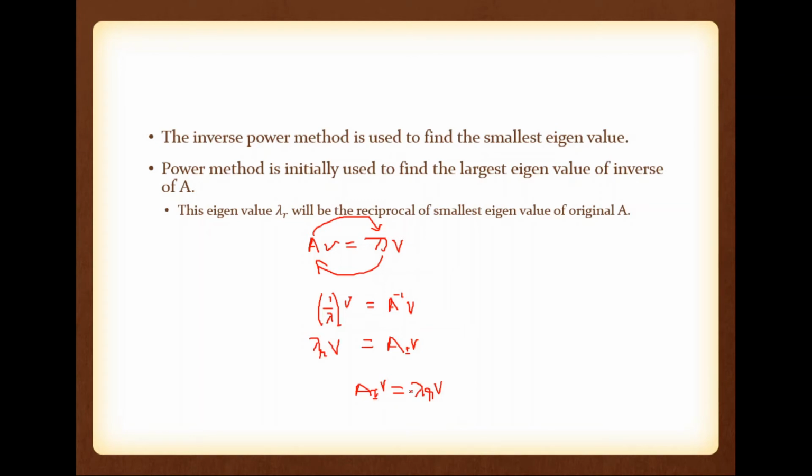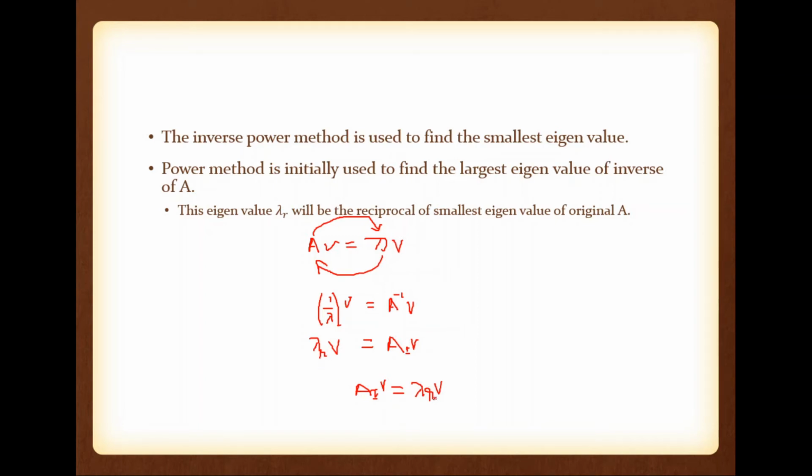So if you apply the power method on this AI, lambda r is the largest eigenvalue of AI, that is the inverse of A, and V is the corresponding eigenvector. Then find its reciprocal. Why? Lambda r is equal to 1 by lambda, or lambda is equal to 1 by lambda r.